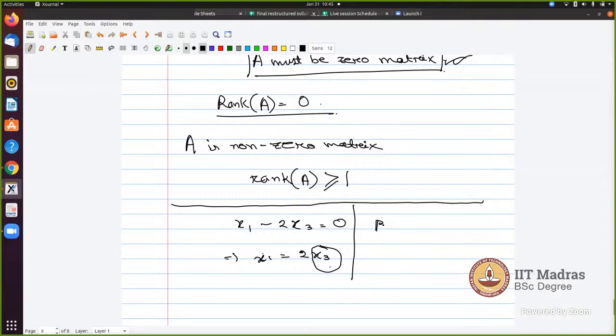Suppose in R3, I am taking (1, 4, 0). This is a vector in R3, correct? Because R3 has a vector space structure with addition and scalar multiplication. So any element of R3, we can call it a vector.